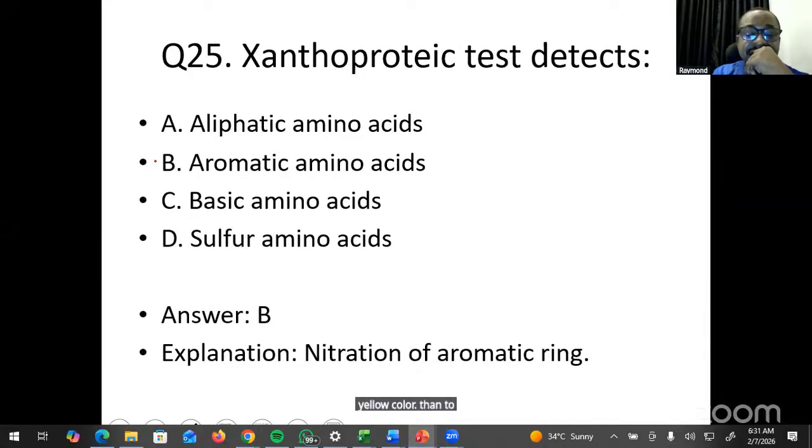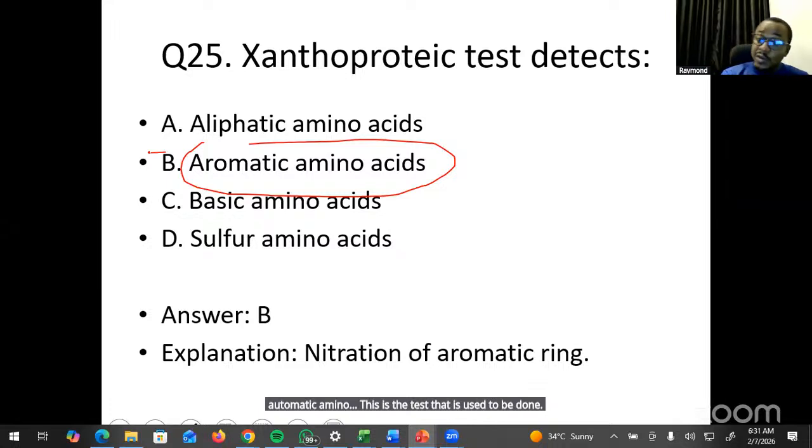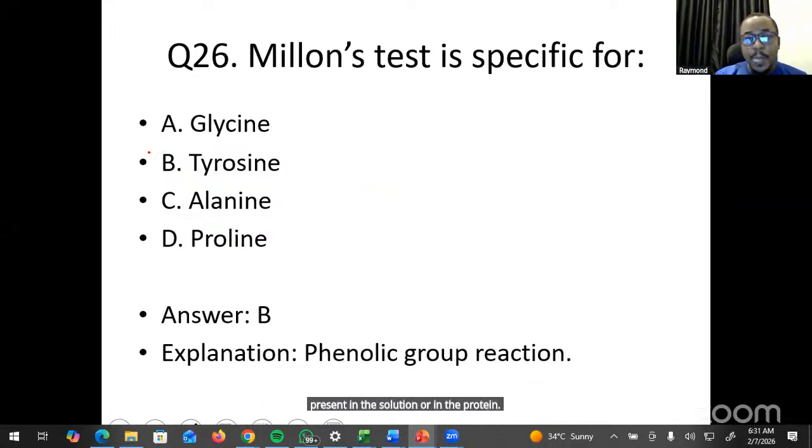The xanthoproteic test detects aromatic amino acids present in the solution or in the protein. Millon's test is used to determine a phenol group, not a phenyl group.